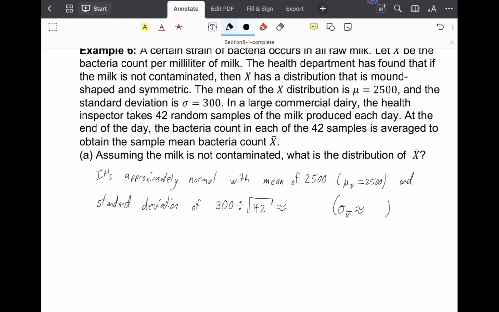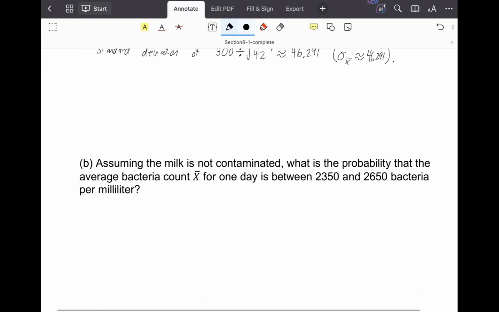Okay, so let me just put this in a calculator quick. Could do this in Excel if you wanted. 46.291. Okay, good.